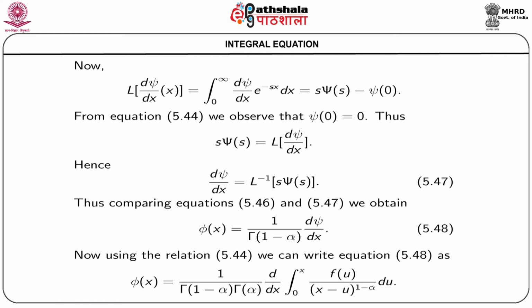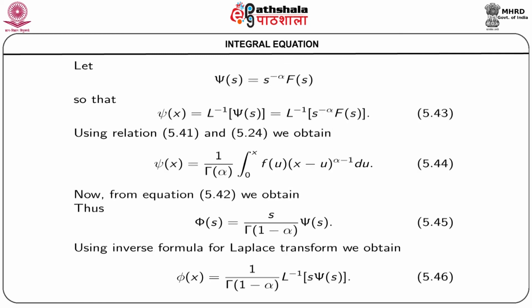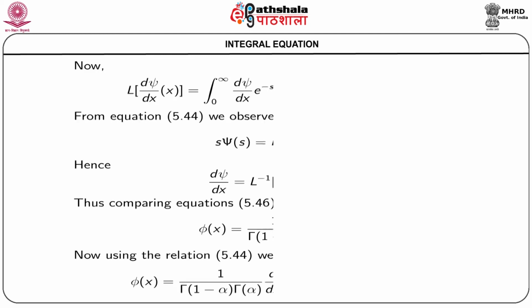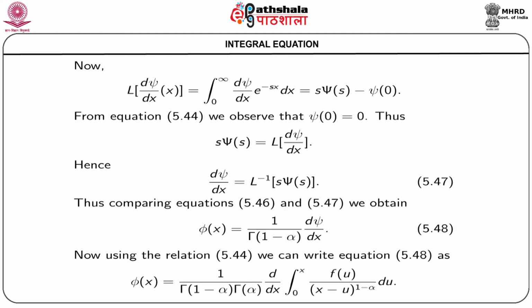Now, d psi dx can be obtained from equation 5.44, and if we substitute d psi dx in 5.48, we get phi as given by 1 by gamma 1 minus alpha into gamma alpha into d dx of the integral 0 to x f u by x minus u to the power 1 minus alpha du.